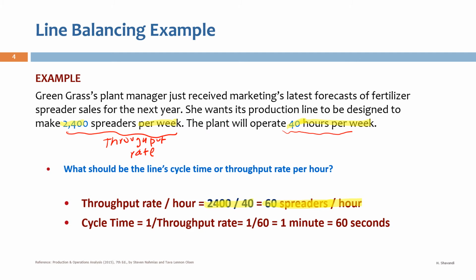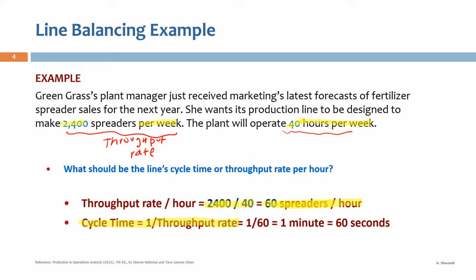Now the cycle time here will be 1 divided by the throughput rate. Anytime that we have a production rate or throughput rate, then 1 over the throughput rate will be the cycle time. If, for example, we have 1 over 2,400, that cycle time will be in terms of weeks.